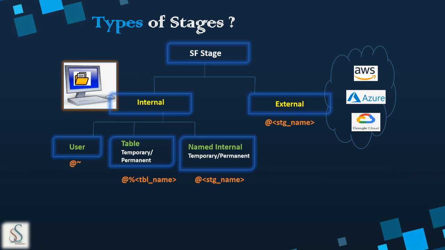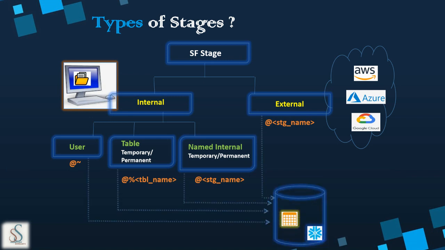Named internal stage means you create your own stage with the desired name, and that is represented with at the rate and the name with which you created that stage. The external stage is also represented with the name given while creating it.